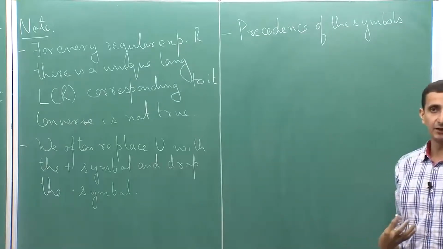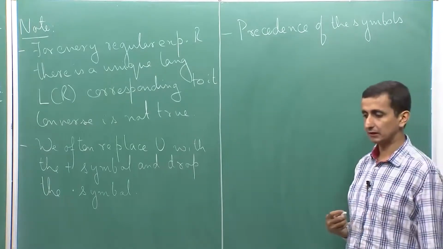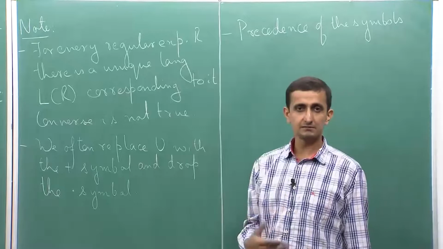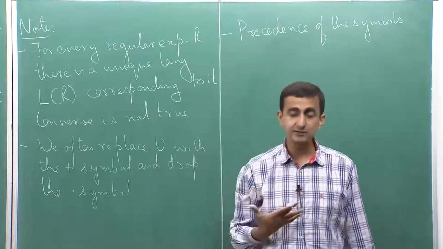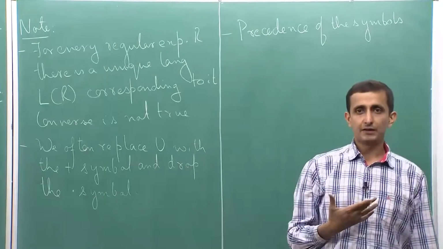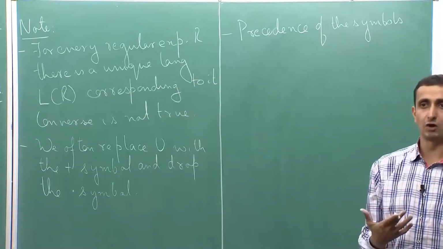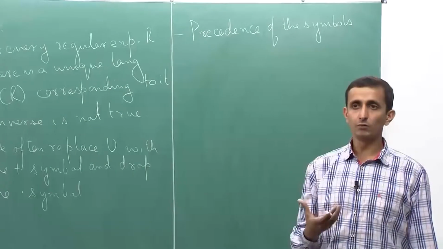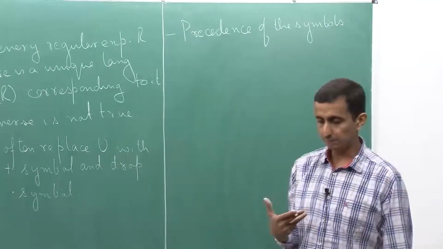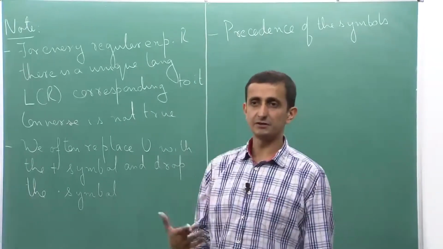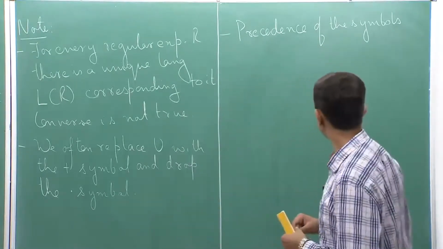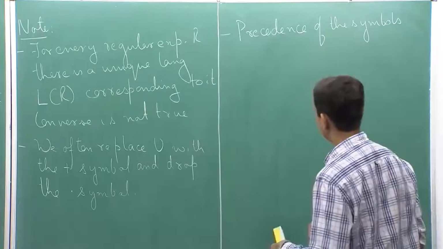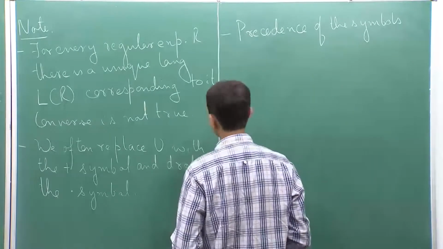Again, like in algebra or arithmetic, when you are working with operators like plus, multiplication, division or other operators, and you form expressions using them, it is important that you have a precedence law. So you know which operation you need to perform first and which operation you need to perform after that. So between any two operators you need a precedence. So the same thing exists here as well.